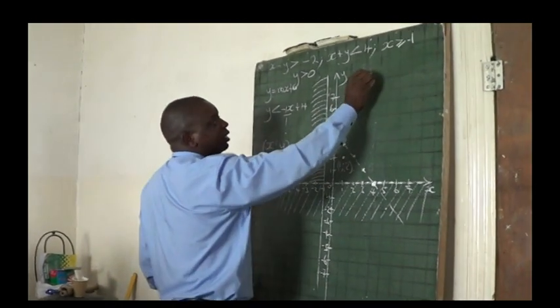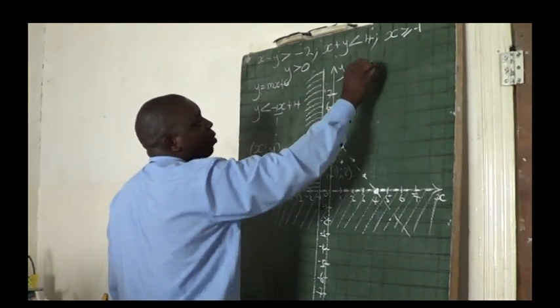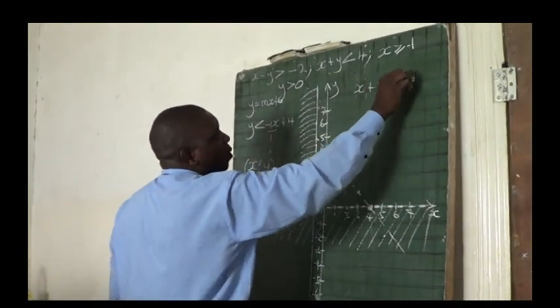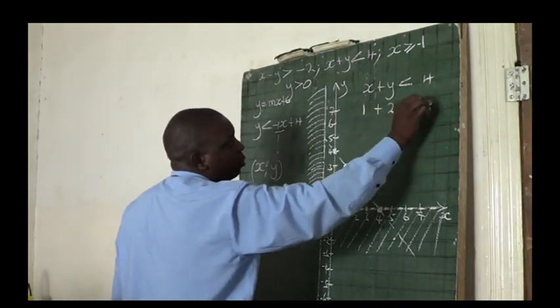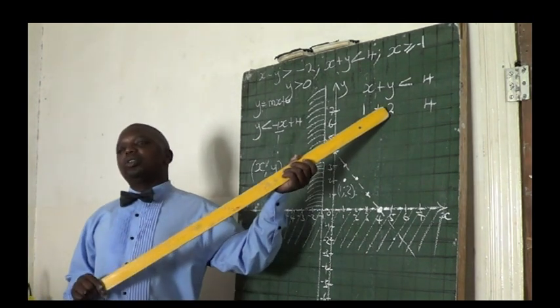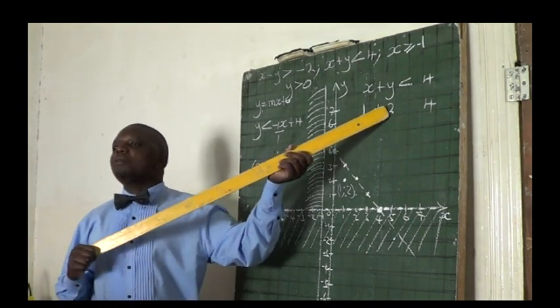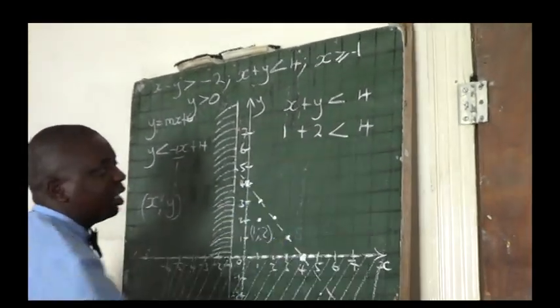Point (1, 2) means x equal to 1 when y is equal to 2. We have x plus y is less than 4. But x is 1 when y is equal to what? 2. Comparing with what? 4. 1 plus 2 is equal to 3. Which is greater, 3 or 4?